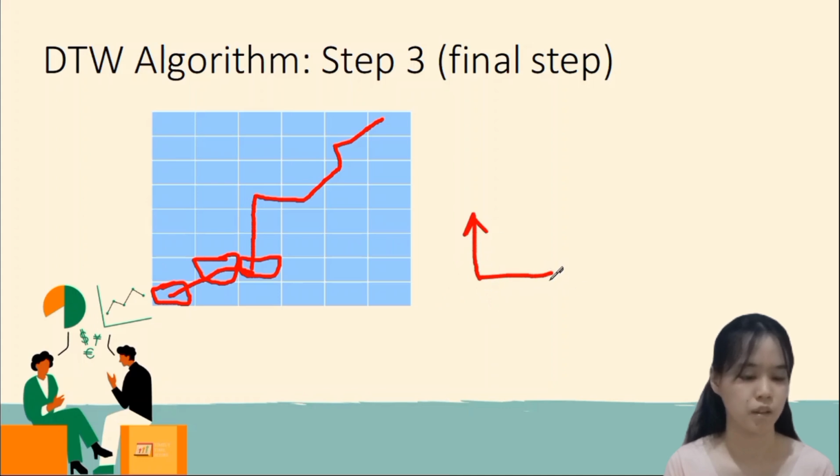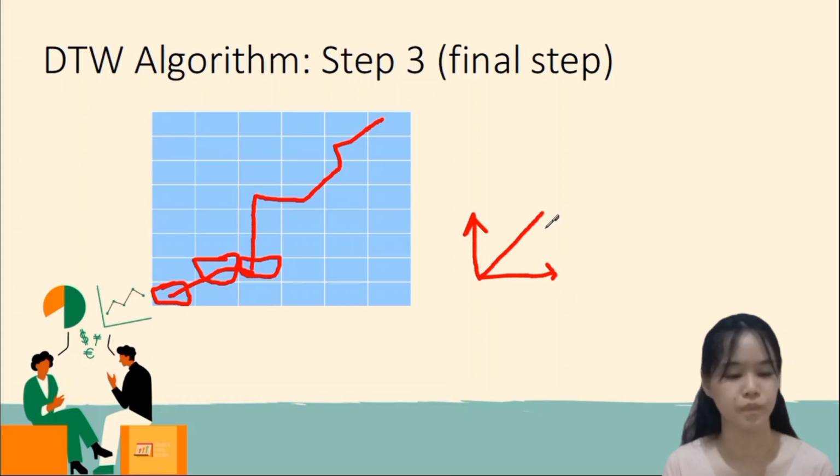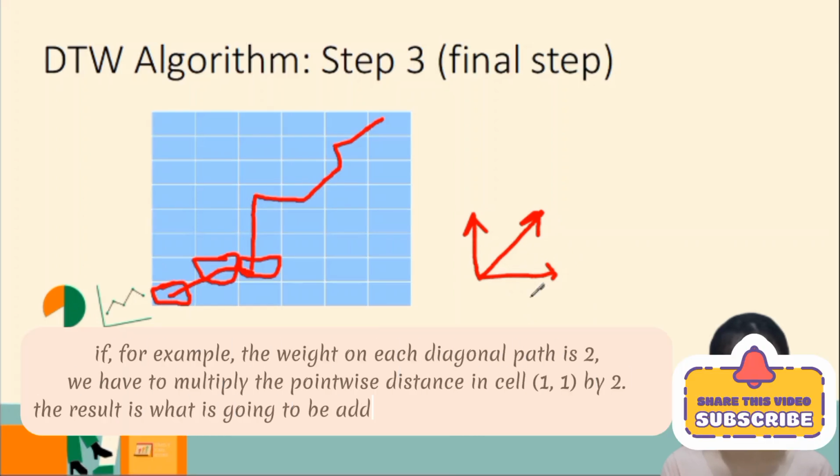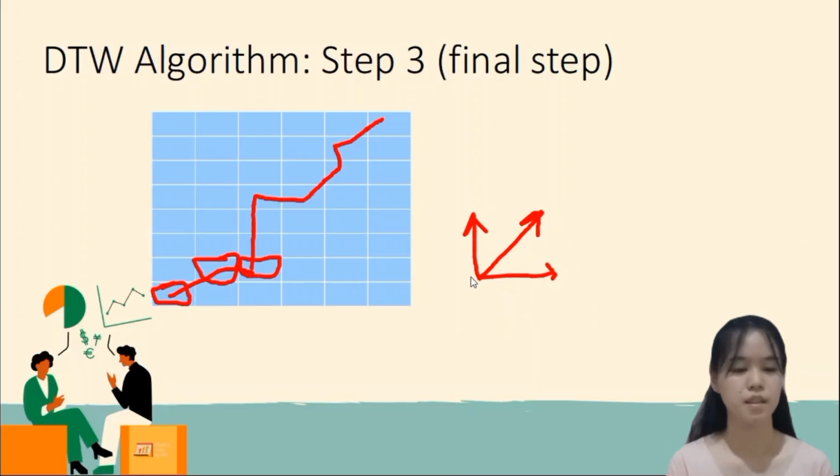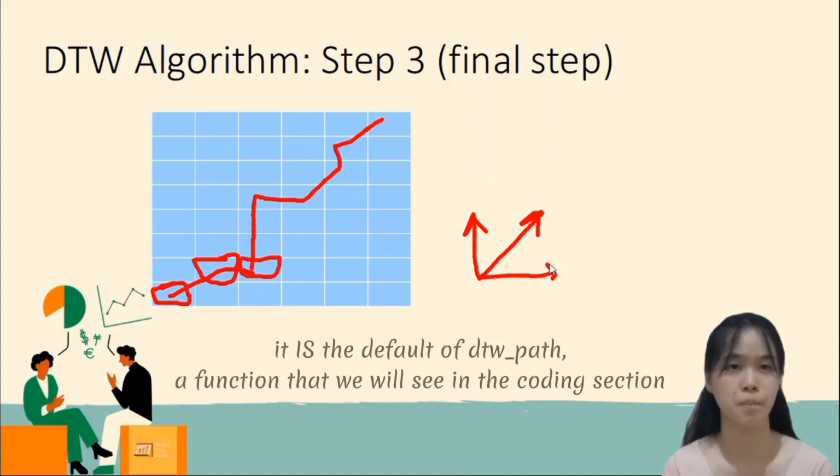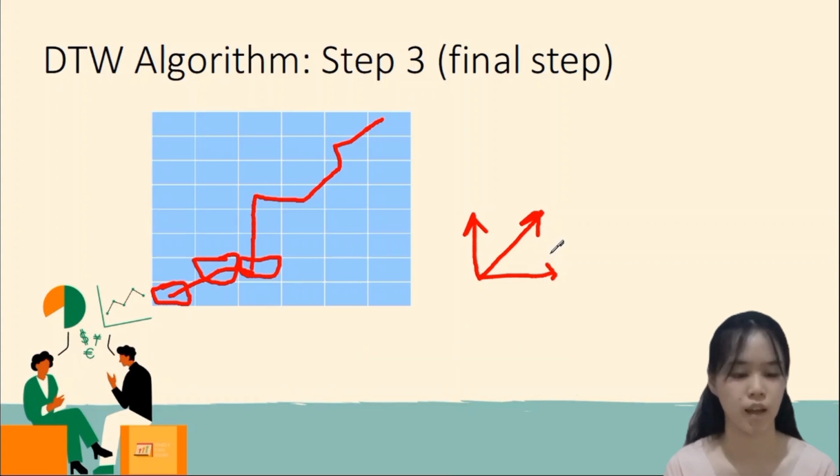There is another detail about it, and that is each path has its own weight. But since the most used step pattern has weights 1 in each path, this problem is simplified to just adding the point-wise distance that is traversed by the path.